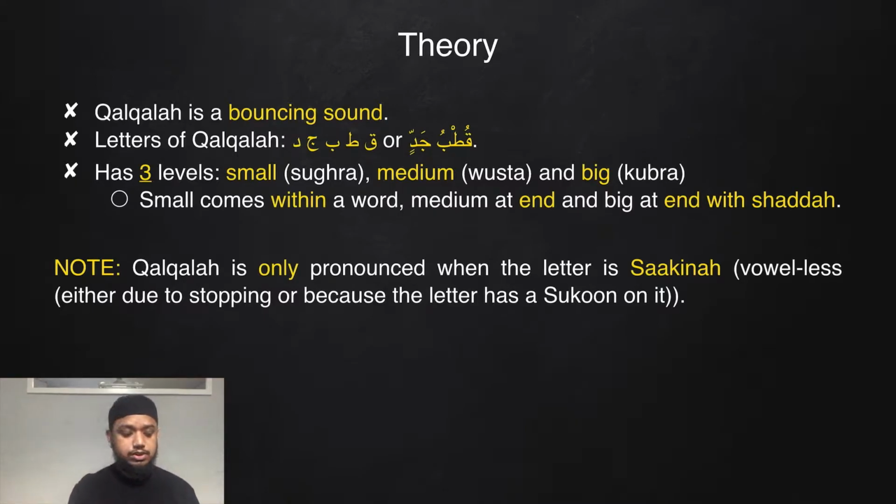And just to remind you, in case you forgot, shadda is the W, and the sukoon usually looks something like this. It's either a little apostrophe, an upside down triangle, or just the absence of a haraka. So if a letter has no fatha, no dhamma, no kasra, no tanween, then it is sakina.